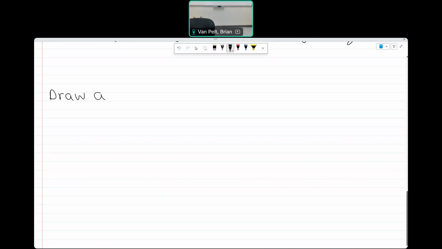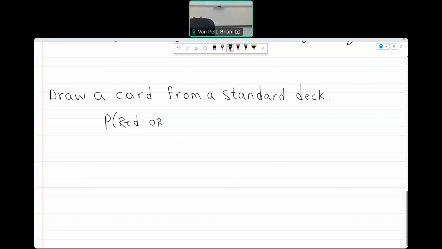Draw a card. If you know cards, of course, you don't need the cheat sheet, but you're perfectly able to use it if you'd like. Give me the probability that that card is either red or a face card.